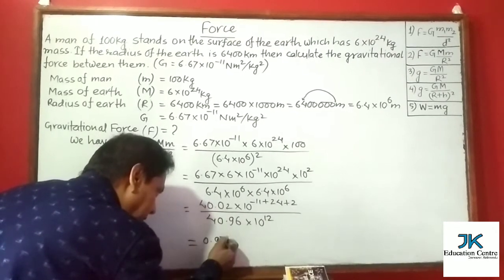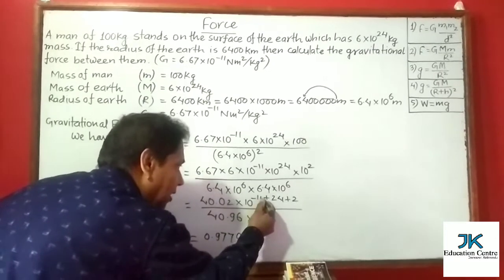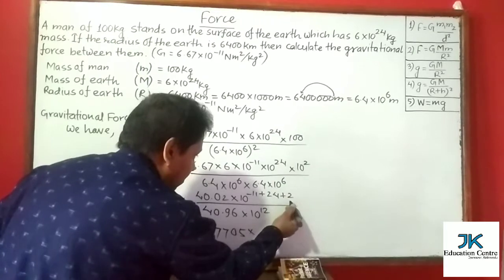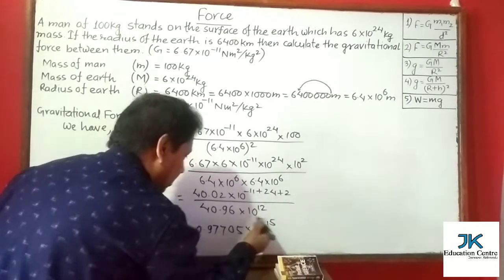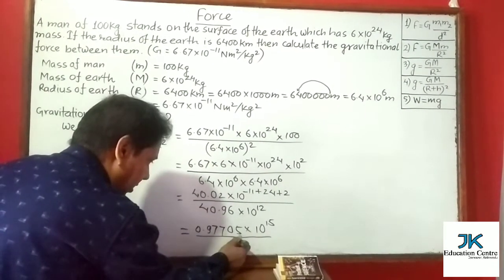Again I am writing 0.97705 multiplied by 10 to the power minus 11 plus 24 plus 2. 24 plus 2 is 26. 26 minus 11 becomes 10 to the power 15, and in the denominator we have how much? 10 to the power 12.